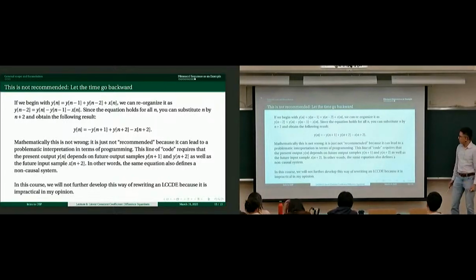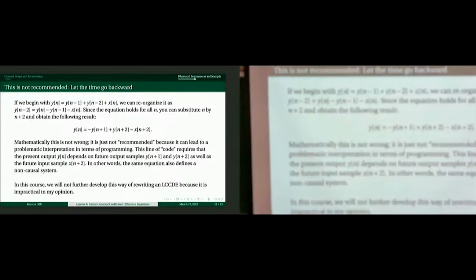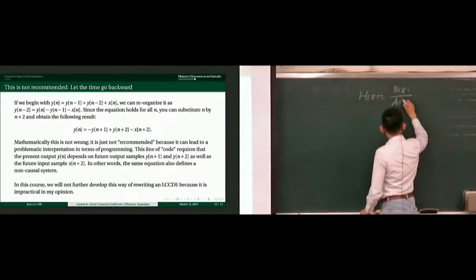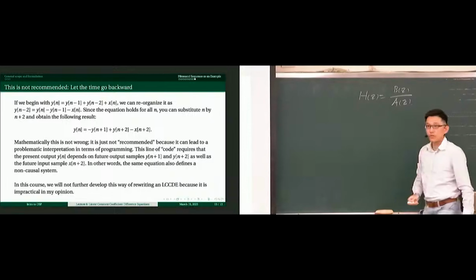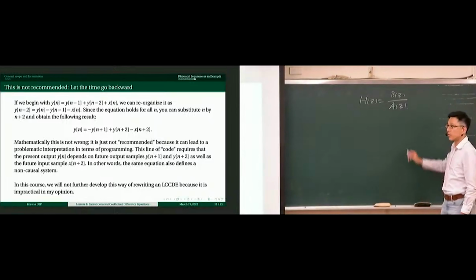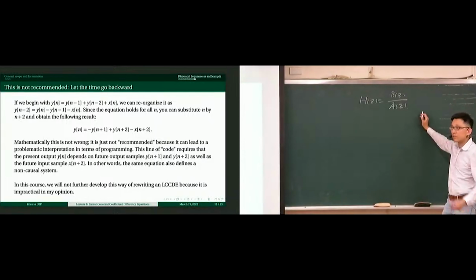And this is why, maybe in signals and systems, sometimes we say when you have a system function H of z, you probably learned a lot about H of z itself, but it does not tell you whether this system is causal or non-causal. You still need to specify the region of convergence, whether it's inside the circle, outside the circle, or in between two circles, things like that.